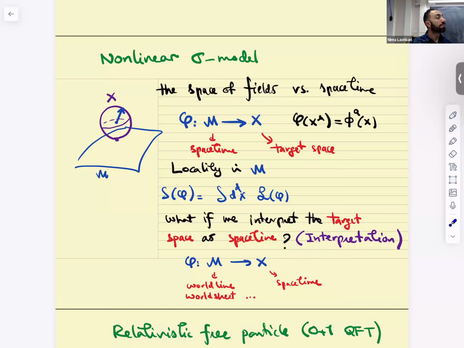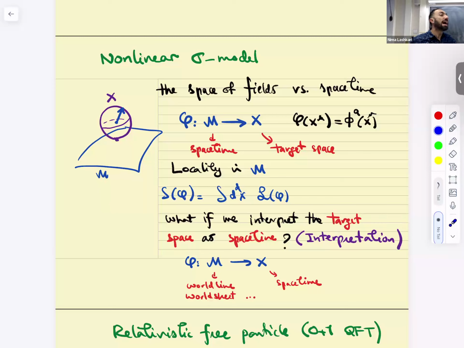Formally, for global symmetries, this is what the story is. So phi of x mu, the value of this field at a point in space-time, is phi a of x, where this a is the index for our coordinates for this internal target space manifold.